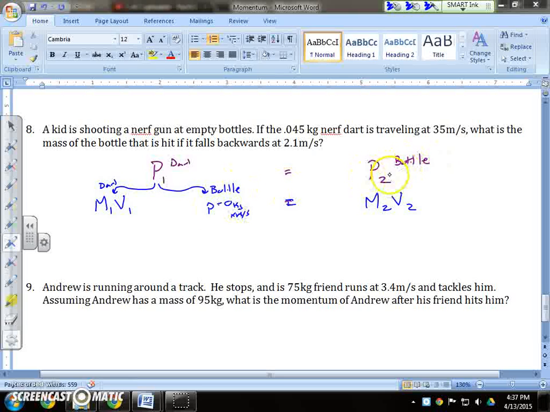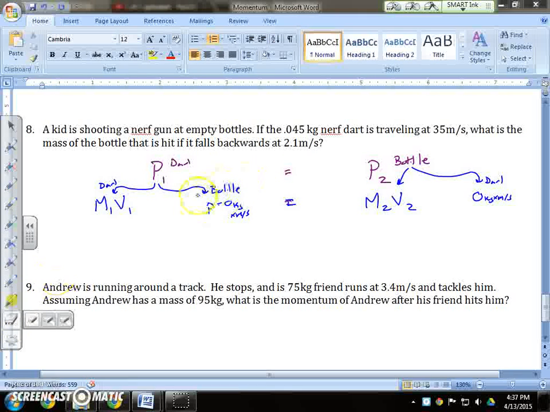And then the same thing after: the bottle is moving, but you've also got the dart at 0 kilograms times meters per second because it stopped moving. So I don't want you to forget that those things exist. We're just ignoring them in the math because they don't happen to be there. So remember that they're there, but when we're doing the math, it's simply that M1V1 equals M2V2.